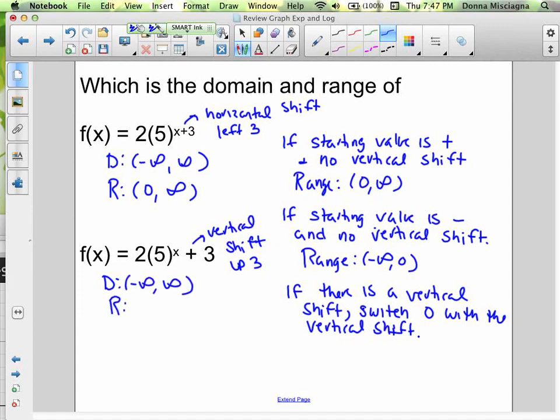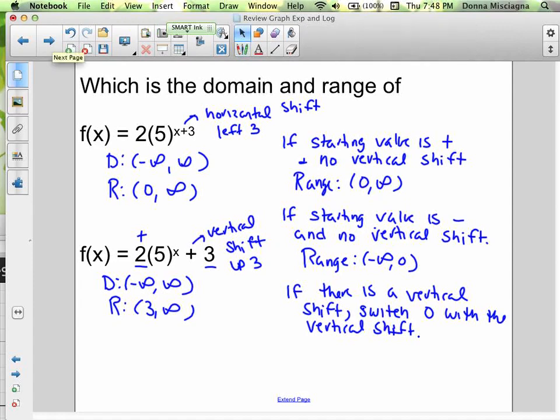But we're going to replace the 0 in the range with a 3. Now our starting value is positive, that's our starting value, 2. So instead of 0 to infinity, we're going to replace it with this 3. 3 to infinity, and that's all there is. So a vertical shift will change your range and your horizontal asymptote. Horizontal shift doesn't do a thing to the range or the horizontal asymptote.